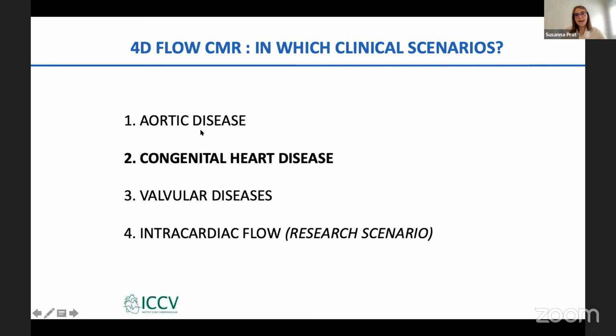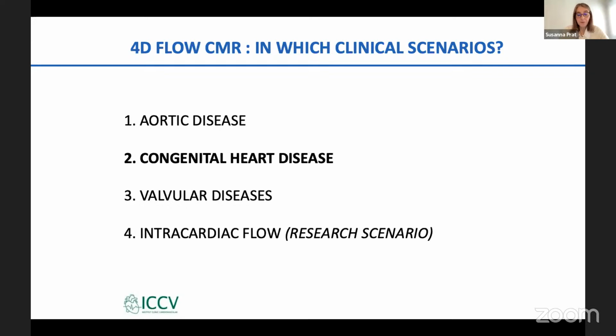But if someone asks me about the 4D flow right now, I will tell them that for me, one of the scenarios where the 4D flow can help more is in congenital heart disease patients. I need to say that in our hospital, we don't treat children. We have adult congenital heart patients that come when they arrive to adulthood.